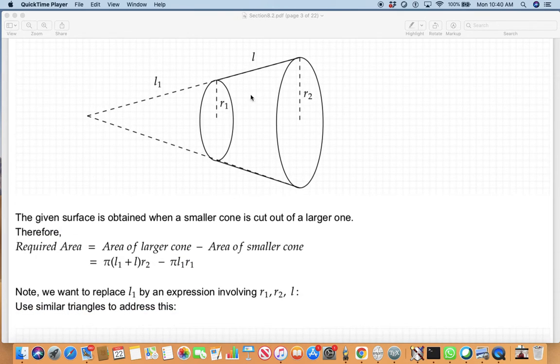All right, this given surface is obtained when a smaller cone is cut out of a larger cone. Okay, you take the large cone, cut out the smaller cone, whatever is left over is the surface we are looking at. Okay, so the required surface area will be the surface area of the larger cone minus the surface area of the smaller cone.